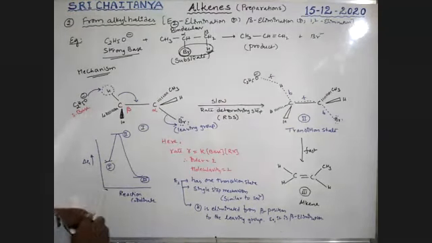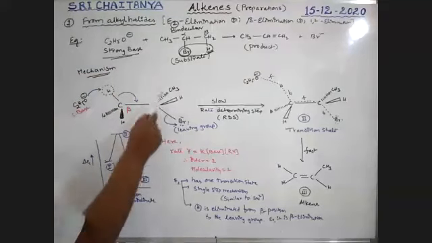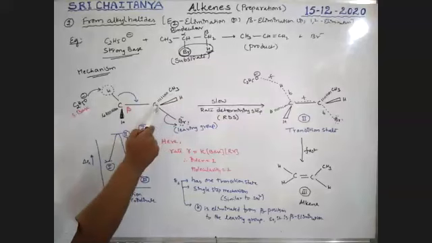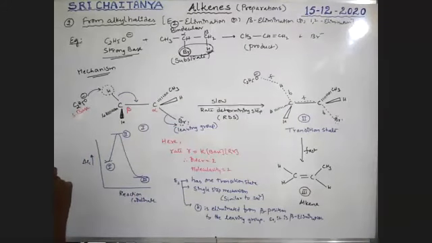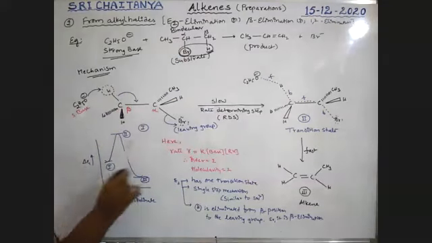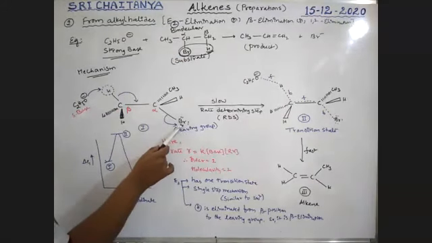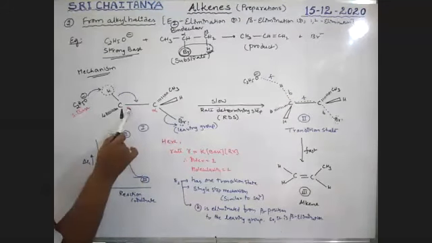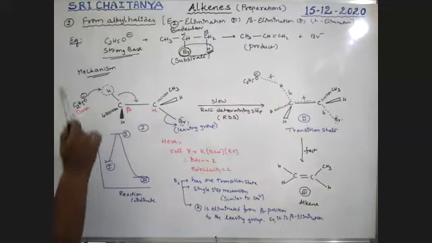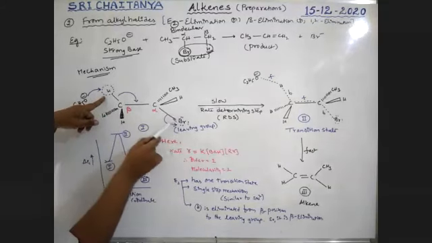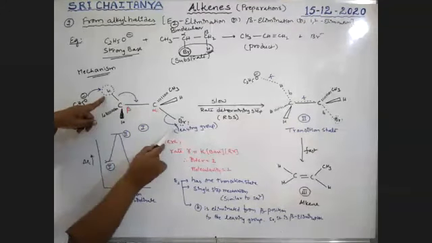See here, boys. This is our isopropyl bromide, CH3, CH, CH3. At the second carbon, bromine is there. This is our leaving group. Now I am taking this as the alpha carbon, and this is the beta carbon. From the beta carbon, hydrogen is eliminated. See here, boys, these two are opposite to each other.